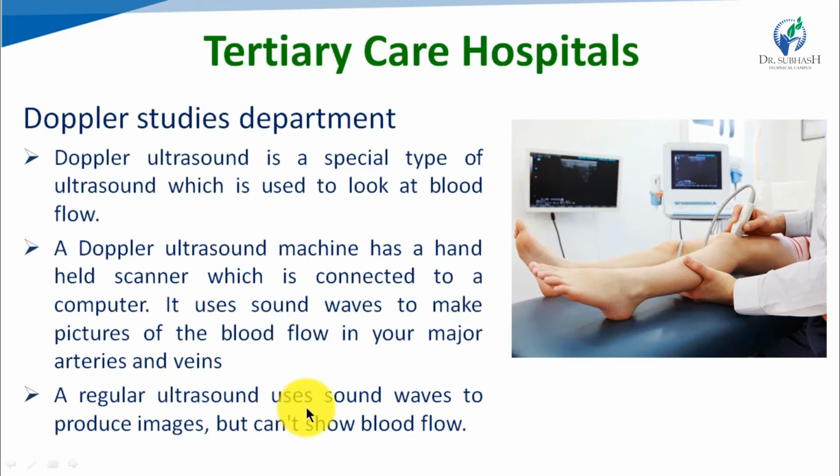A regular ultrasound uses sound waves to produce the image but can't show the blood flow. But with the help of Doppler ultrasound, we can determine the blood flow in arteries and veins. Such latest instruments should be present in the tertiary care hospital.